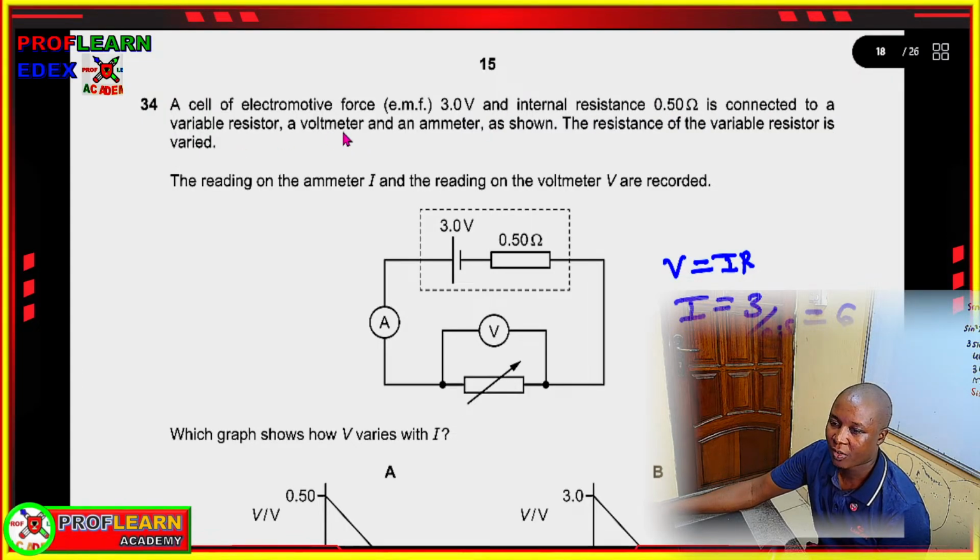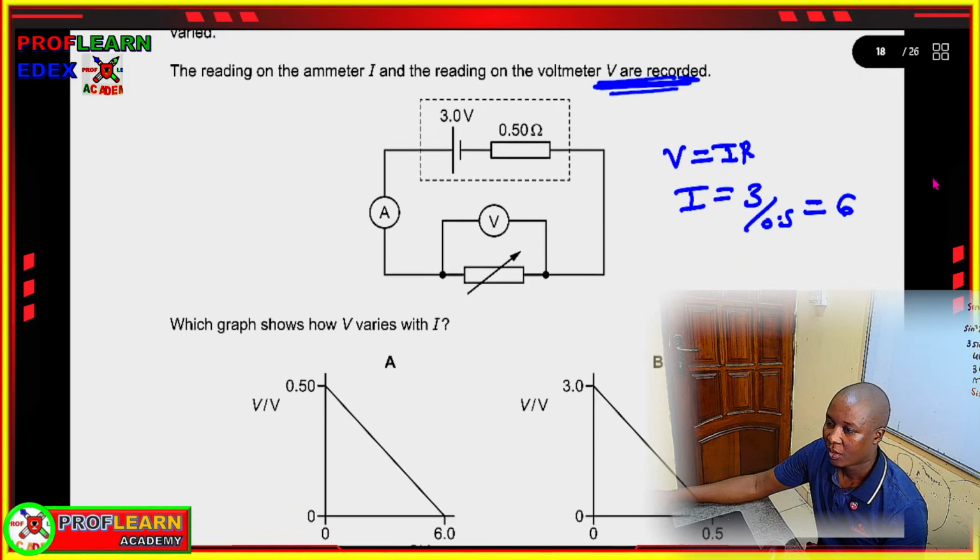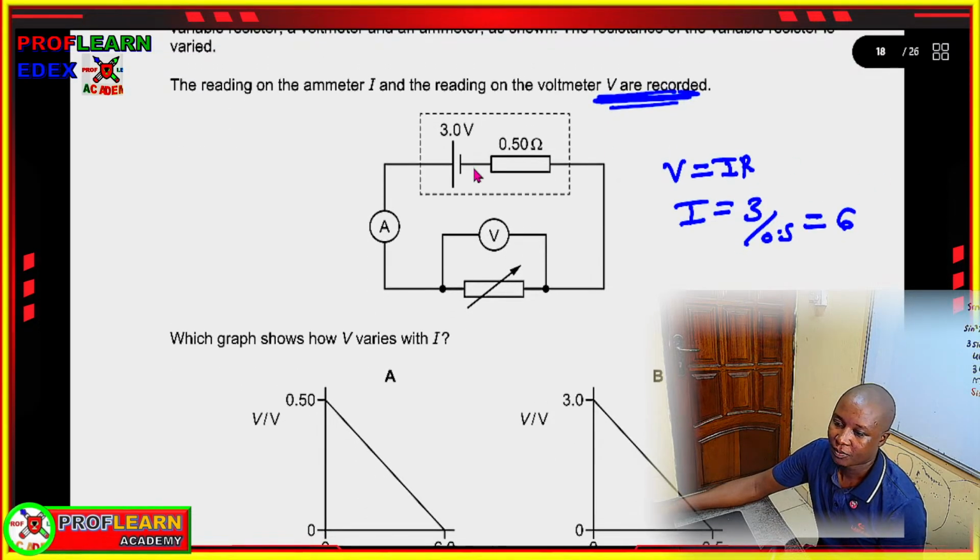A cell of electromotive force 3 volts and internal resistance of 0.5 ohms is connected to a variable resistor. The voltmeter and ammeter are as shown there. So we are told the voltmeter reading, and the reading on the ammeter I is recorded. So this is the EMF.